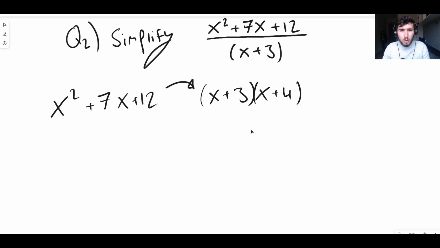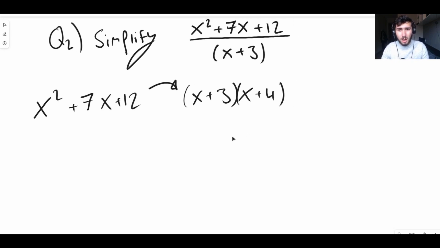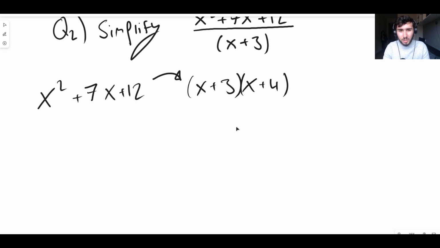Now, you don't always need to use the question as a hint. You can just factorize x squared plus 7x plus 12. You don't need to know that one of them is x plus 3. But if you're really stuck, that's quite a good piece of advice. So we know that the numerator of this fraction is the same thing as x plus 3 times x plus 4.